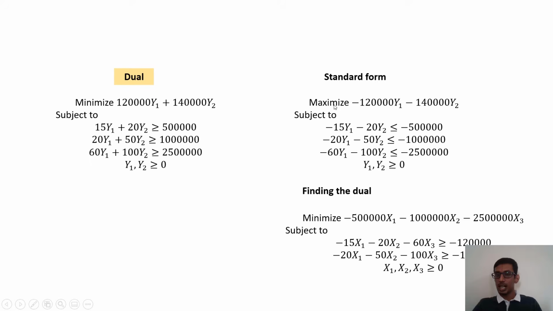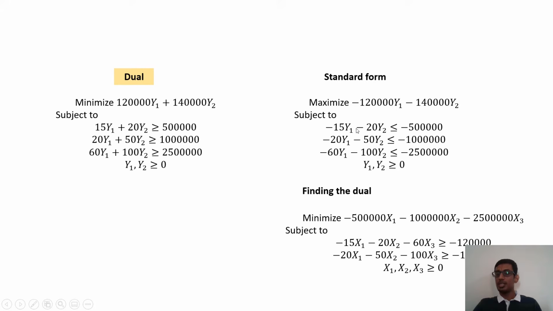Since the objective is maximize, you are going to minimize here, and the constraints are the following. You have two variables in here, y1 and y2, and there are going to be two constraints in this dual of the dual, right? What you're doing is you are calculating the dual of the dual.